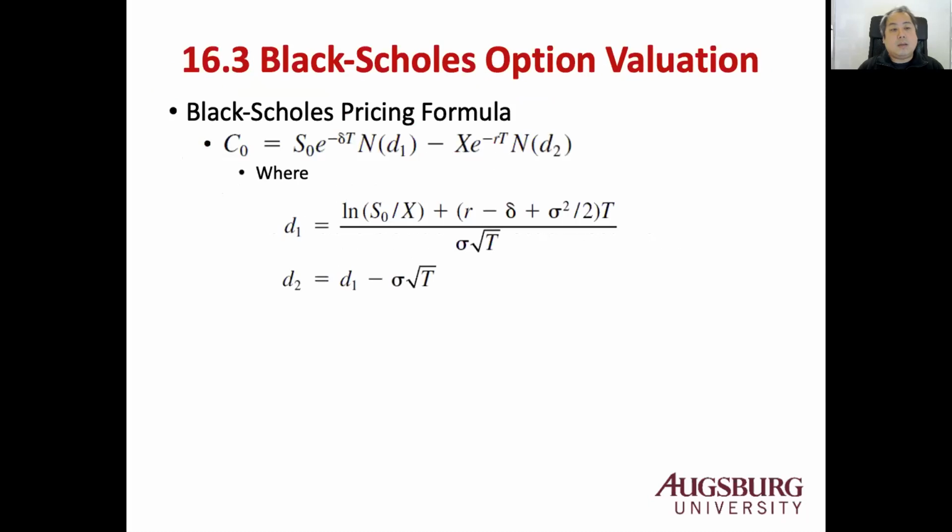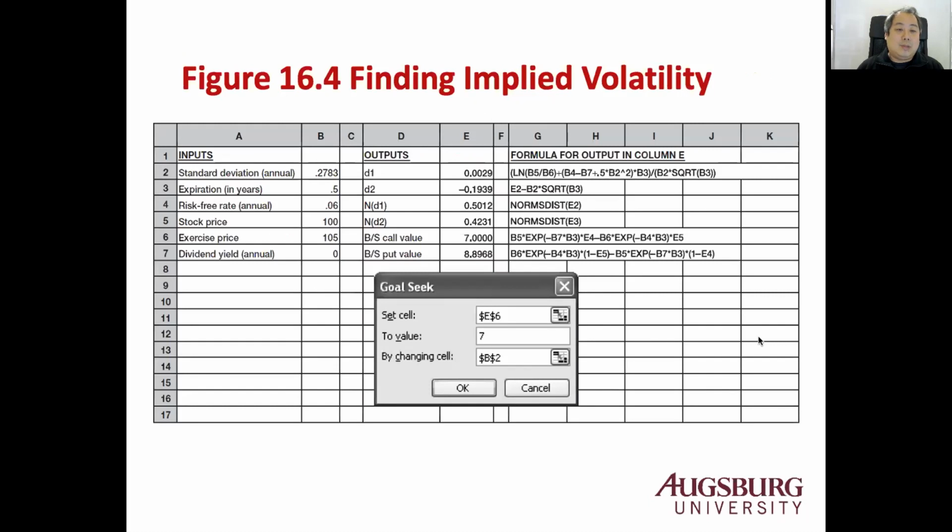It means that, using these formulas, there's volatility here, right? We can solve this formula for volatility. Again, we probably cannot do this job manually, right? So we have to use Excel to do this job.